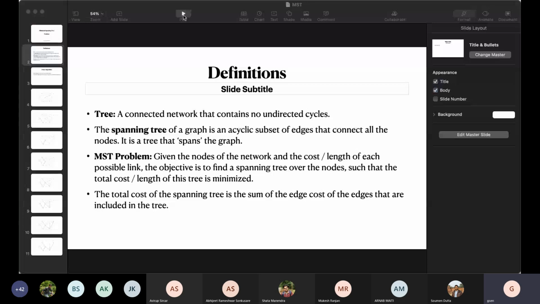When we speak about trees, we will not allow any cycle in the graph. But these 10 nodes can be connected through many types of trees. Many trees can be formulated on this graph. Now why are we interested in the minimum spanning tree? See, I'll give you an example.